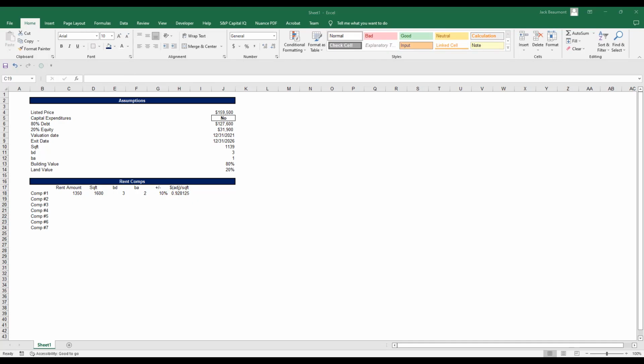You might have to expand out of that area, and that might require some adjustments as well. If you're in a nicer area, you're going to have to do some downward adjustments to get it to what your subject is, because obviously rents are going to be higher in a better area. And if your property is not in as nice an area, then you need to adjust that down.